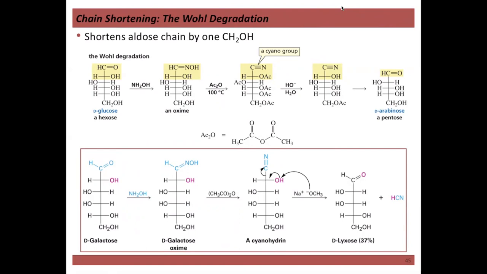And so the procedure for doing that is actually the reverse. We first take and make an amine. Now this is a special type of amine. It's actually called a hydroxylamine because we're using hydroxylamine right here. And this is an oxime.